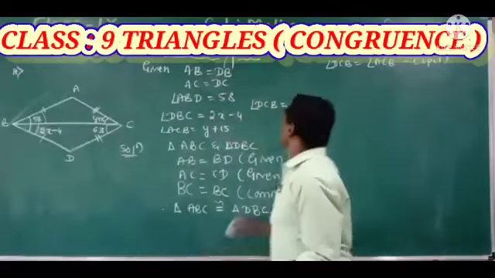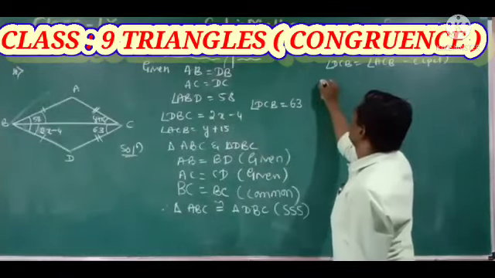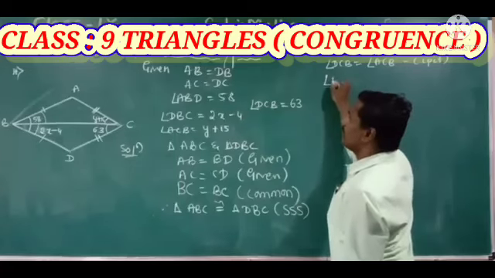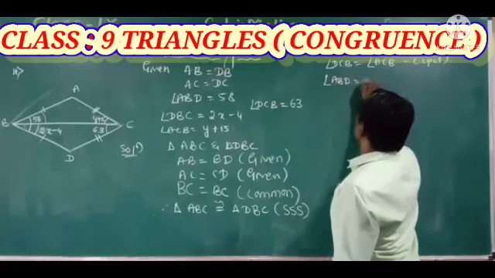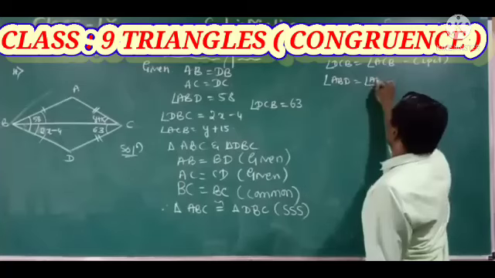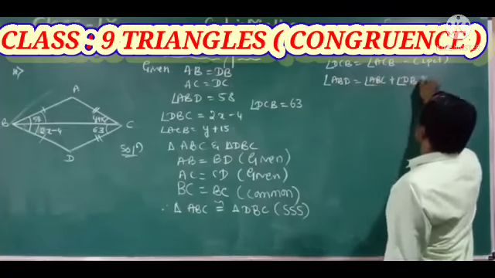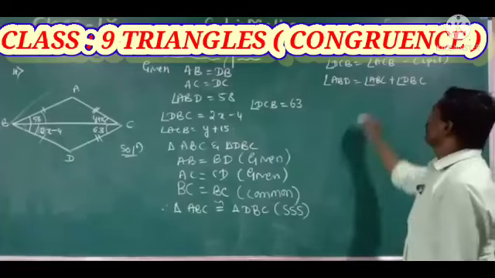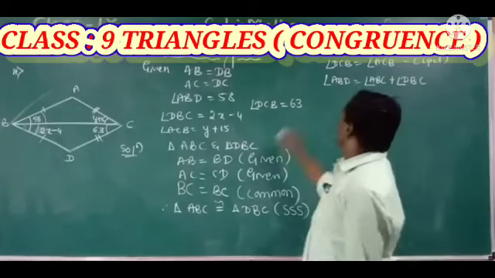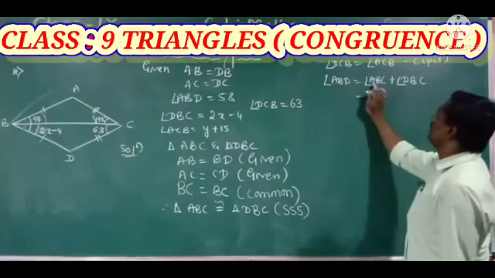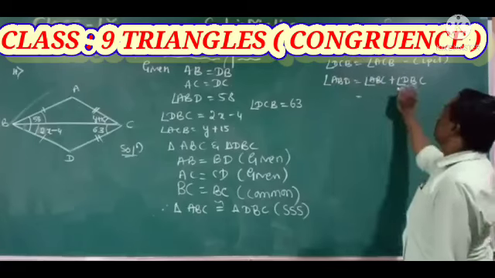So just add those two angles. Angle ABD is equal to angle ABC plus angle DBC, right? Here we already proved that angle ABC is nothing but DBC.